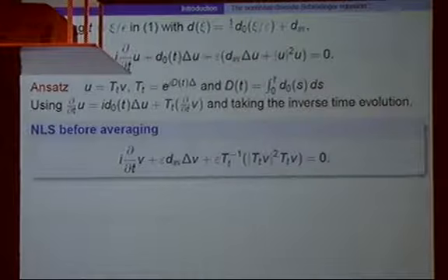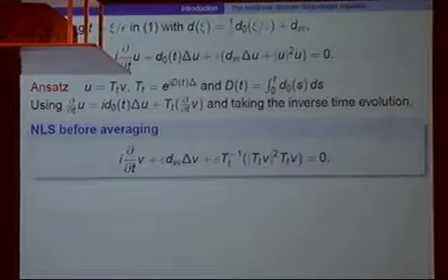So this term cancels that, and we get i times T sub t, t derivative of v, plus epsilon multiplied by the average diffraction Laplacian of T sub t v, and plus |T sub t v| squared T sub t v equals 0.